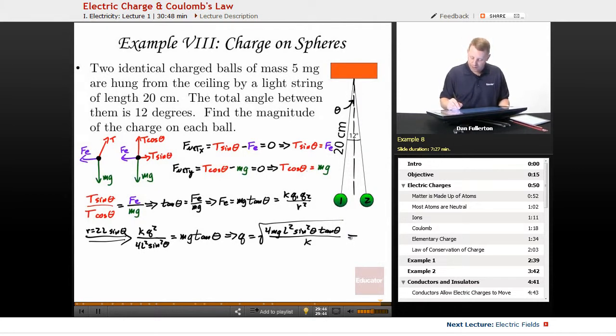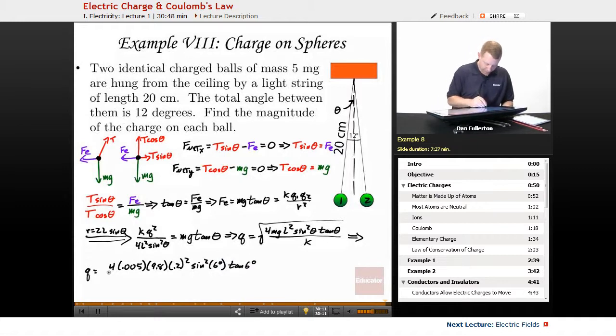So let's substitute in what we know to say that Q must equal 4 times our 5 grams, 0.005 kilograms, times g, 9.8 meters per second squared on the surface of the Earth, times our length, 0.2 meters squared, times the square of the sine of our angle, which is 6 degrees, times the tangent of our angle, 6 degrees, all over 9 times 10 to the 9th, K, newton meter squared per coulomb squared.